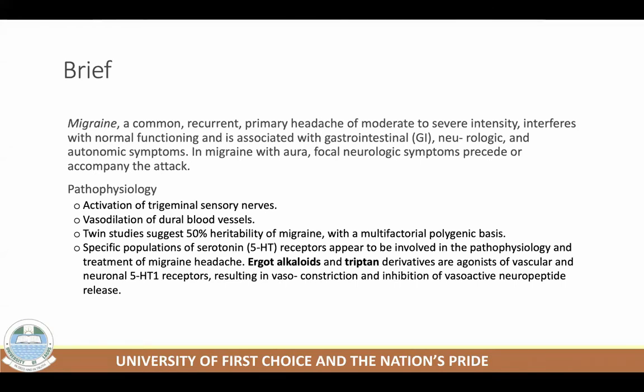The main pathophysiology of migraines is activation of trigeminal sensory nerves that triggers the release of vasoactive neuropeptides, including calcitonin gene-related peptide, neurokinin A, and substance P. These are the neuromodulators that help us to sense pain, right? Most of these are released from the perivascular axon.